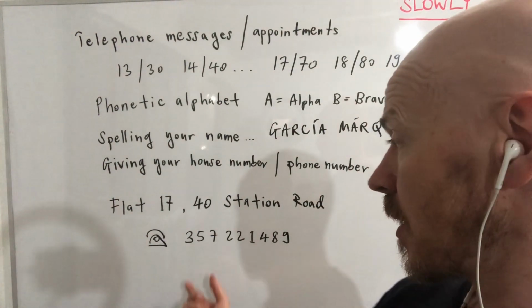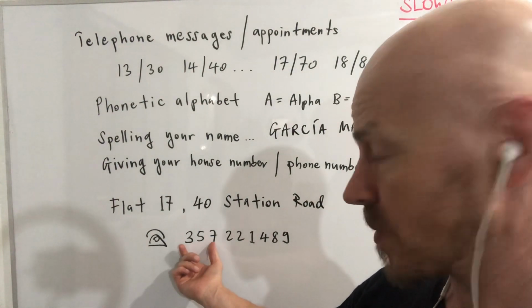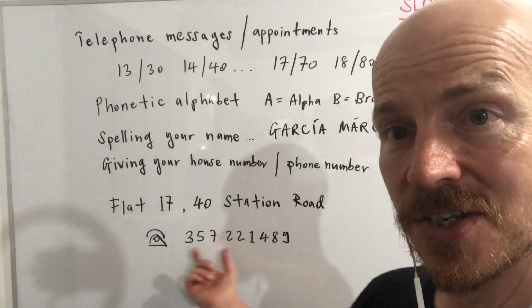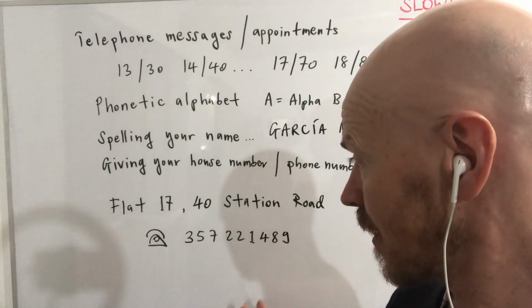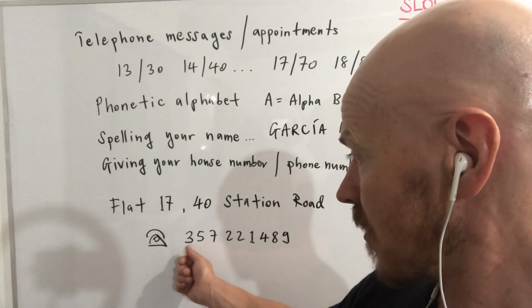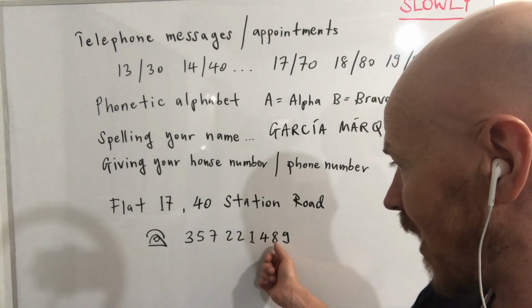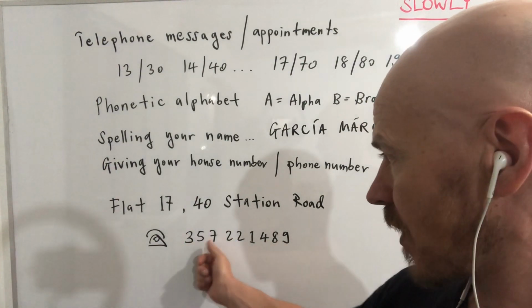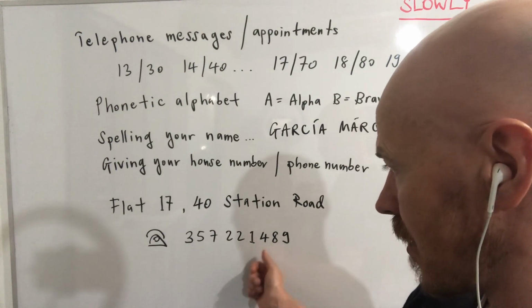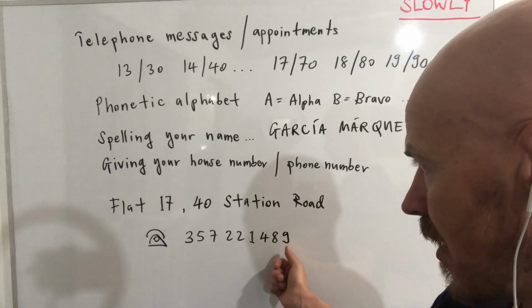And maybe I would group this one as groups of 3 digits together. Yeah. So I would say this number is 357 221 489.